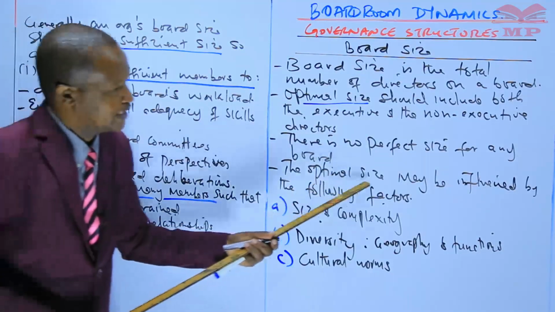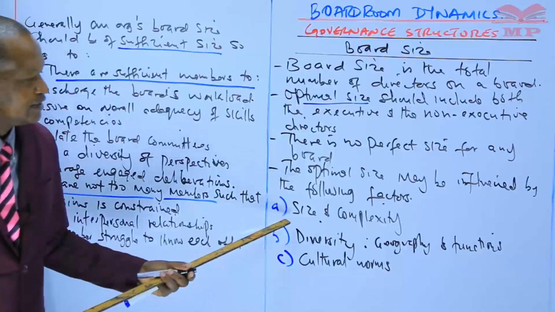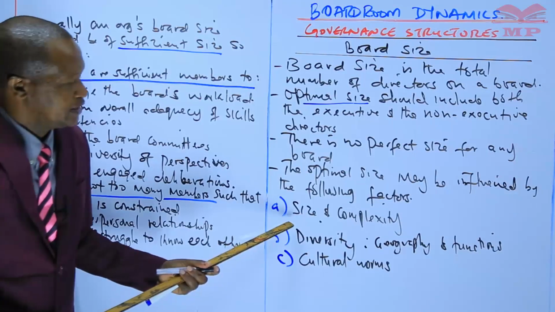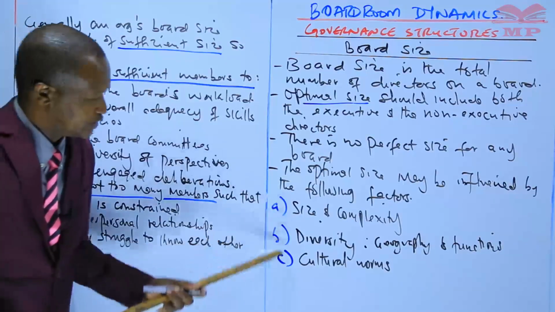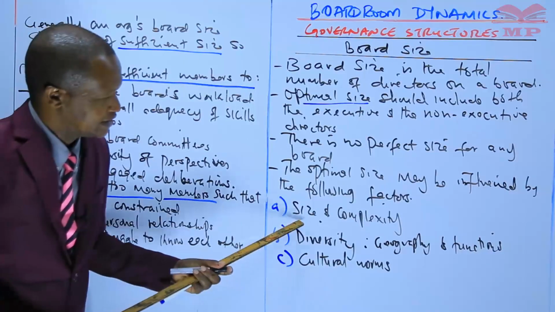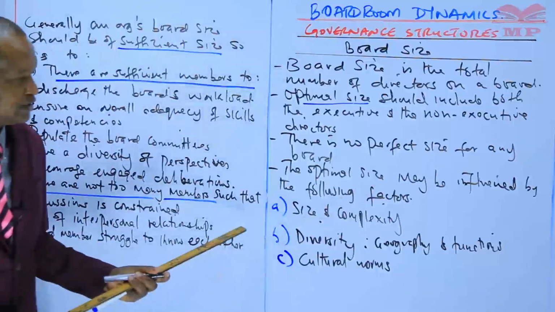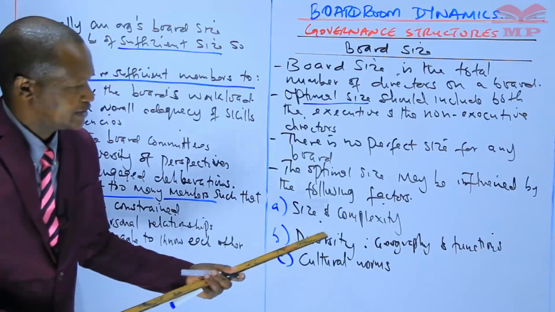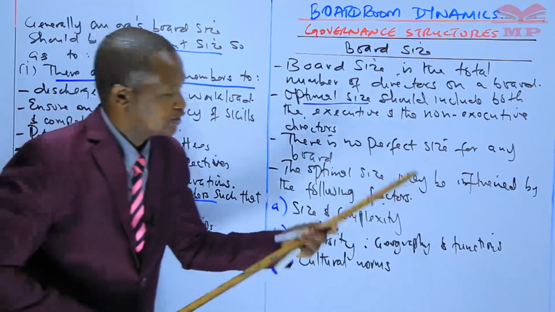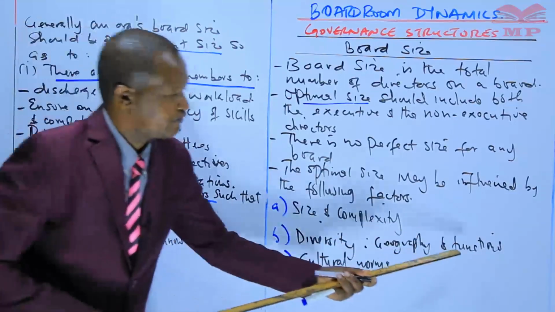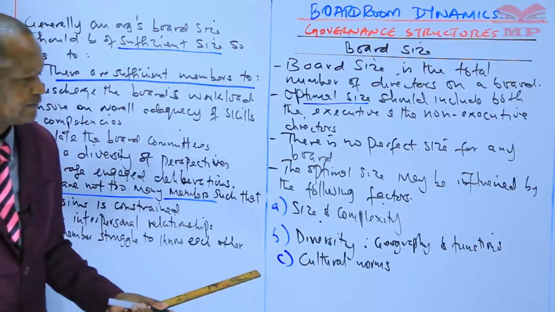And the optimal size may be influenced by several factors, which include, but are not limited to, these three. One is the size and complexity of the business in which the company operates. Number two is the diversity of the business operations, and it could be geographical diversity or functional diversity.